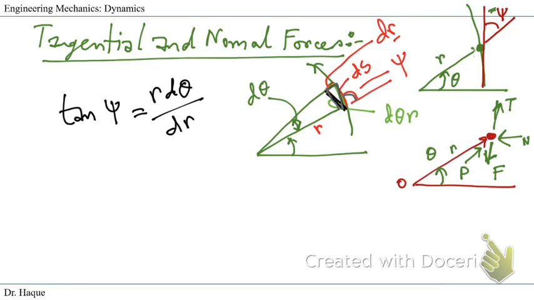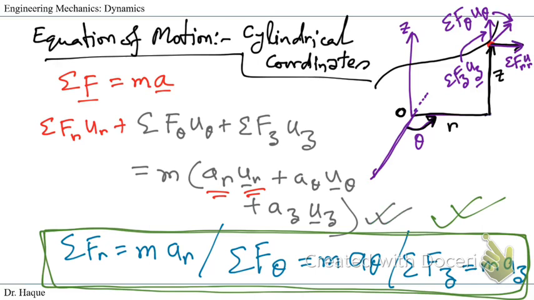For tan psi we will have this height r d theta, and then dr as our denominator, so we'll get our psi, and we can rewrite this as r d theta over dr. So if not all the components are given for the cylindrical coordinate, we can use this concept to find some part that can be fed back to the previous slide to solve the problem if needed.